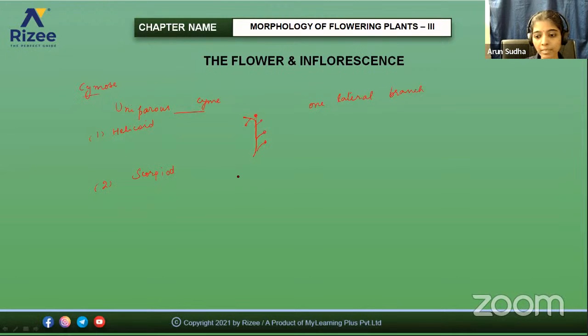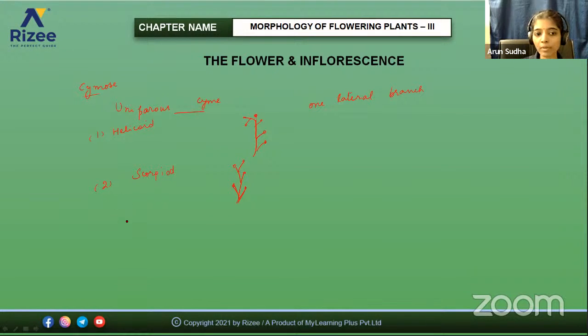So the main difference here is, in helicoid all lateral branches develop on the same side, but in scorpioid they will be alternate. One will be on one side, the other one will be on the other side. So all these are examples of the uniparous stem, where there exists only one lateral branch.